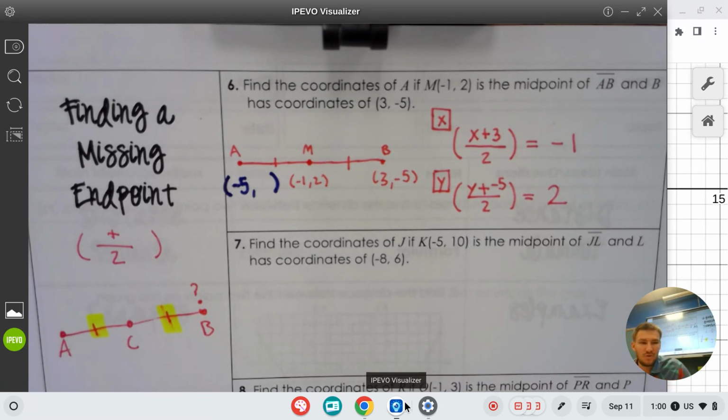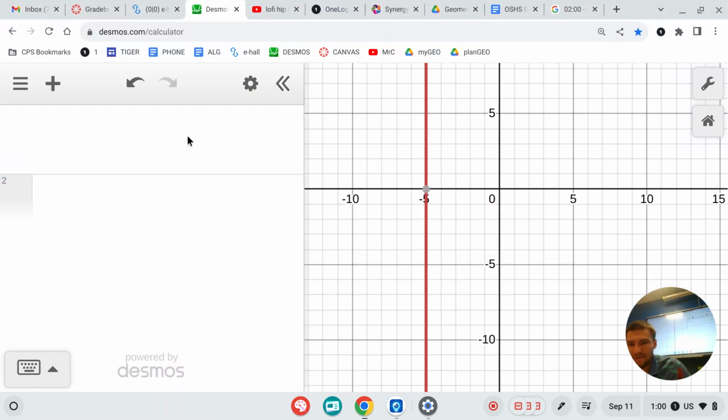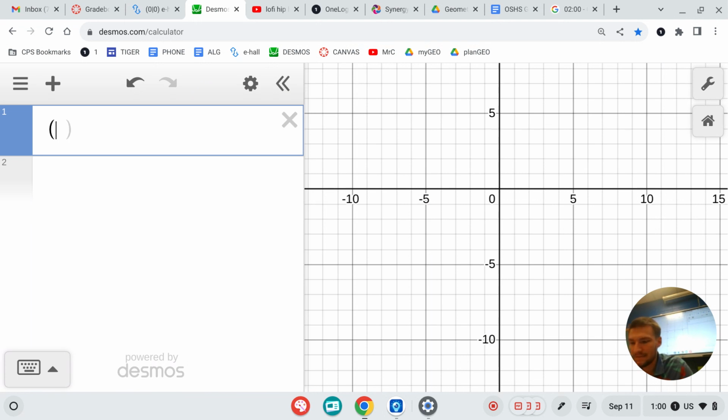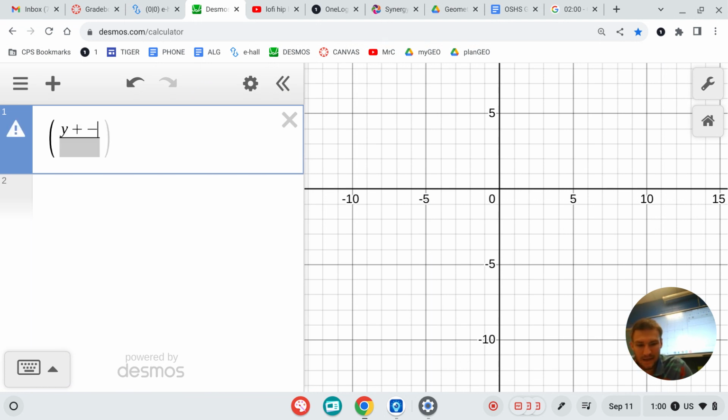Go to Desmos, type it in, it'll give you a line. Fraction, y plus -5 divided by 2, and that is equal to 2.